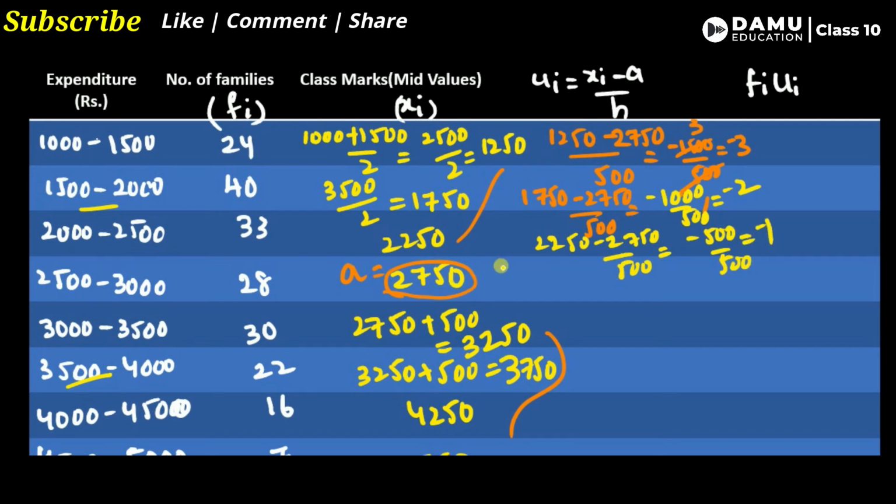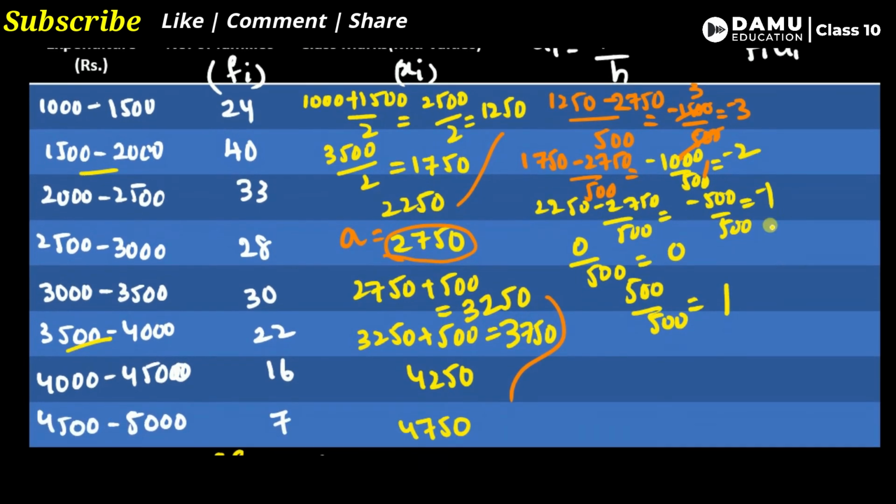So we have minus 3, minus 2, minus 1, 0, 1.